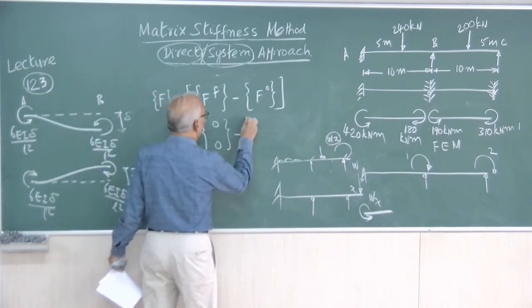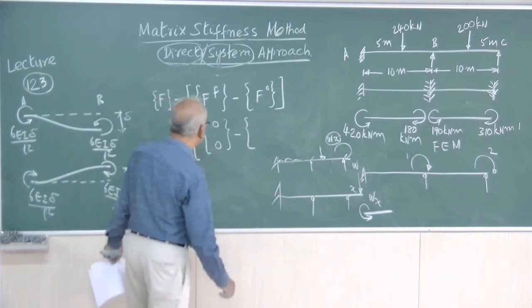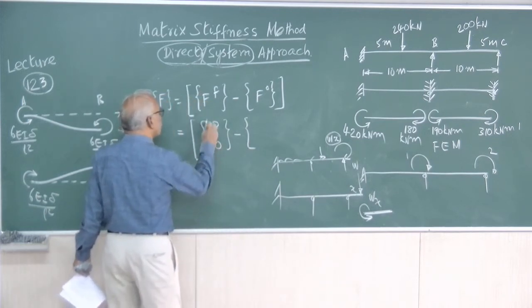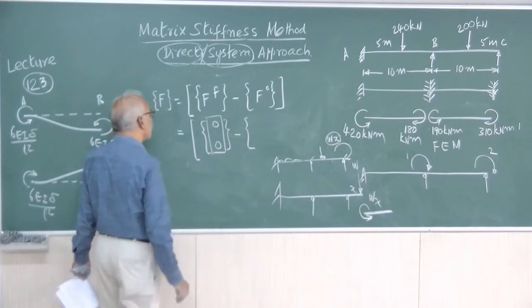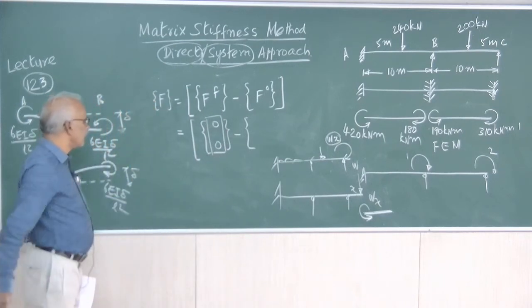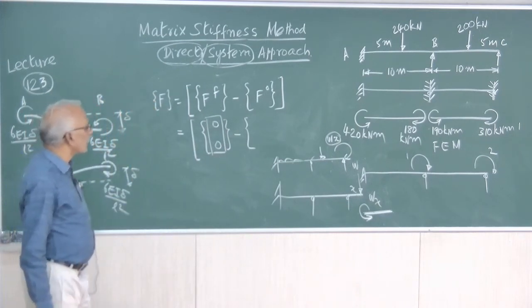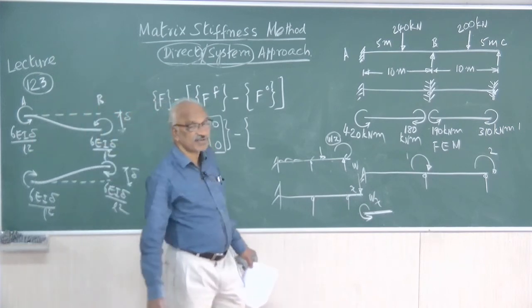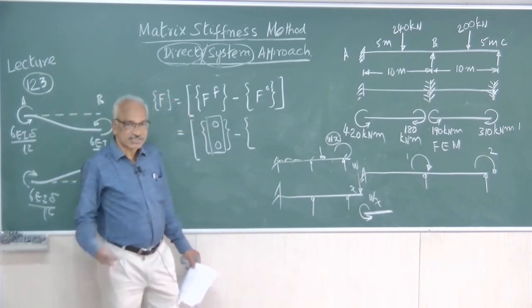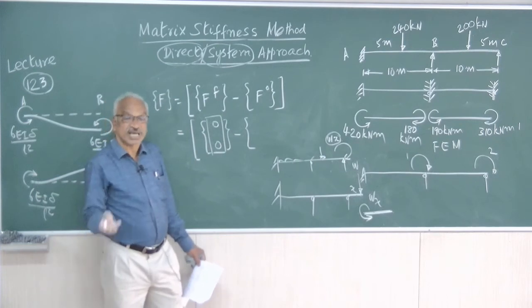So these are the moments given along the system coordinates. These are the external moments. Now, it is not there, therefore it is 0, 0. Coming to F naught, F naught is the fixed coordinate forces resulting from the fixed end moments along the coordinates.